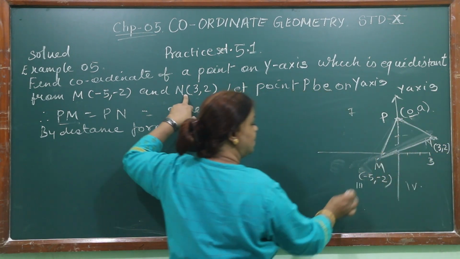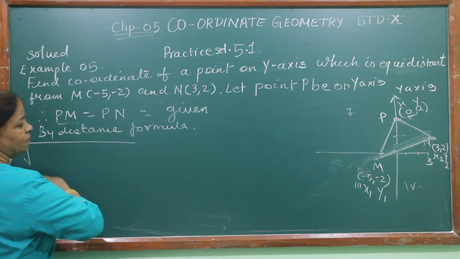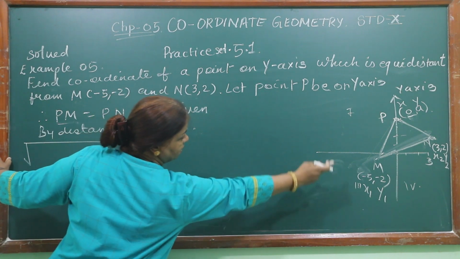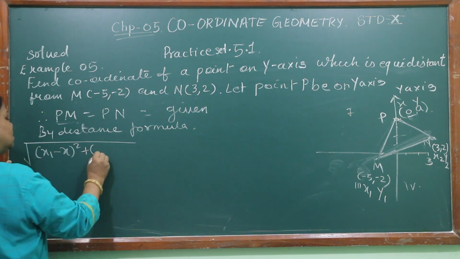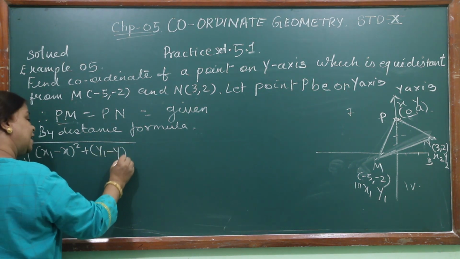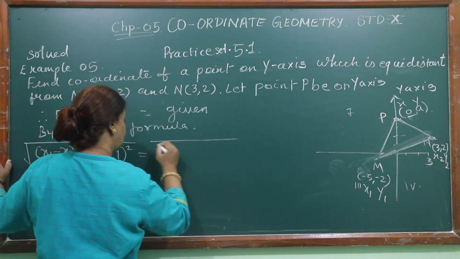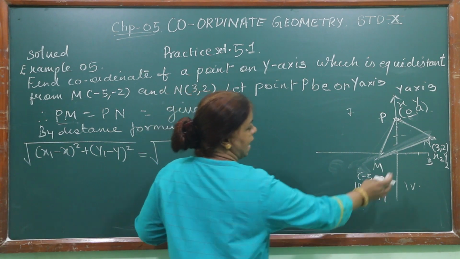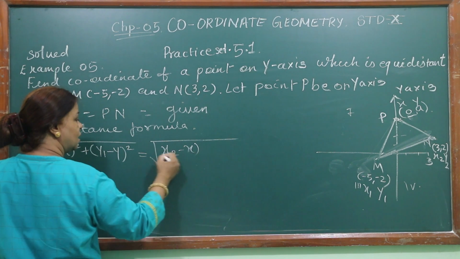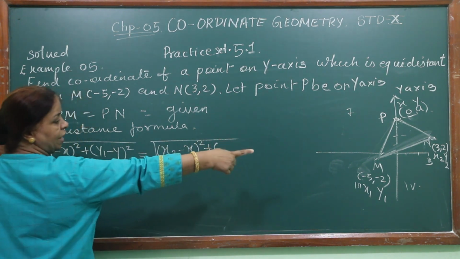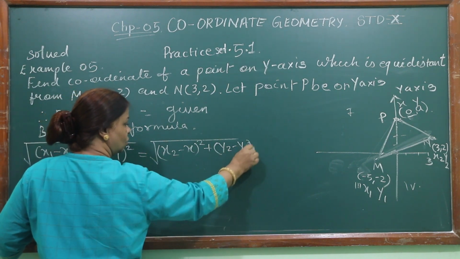So by distance formula, PM is under root (x1 minus x) the whole square plus (y1 minus y) the whole square, is equal to PN, which is under root (x2 minus x) the whole square plus (y2 minus y) the whole square.